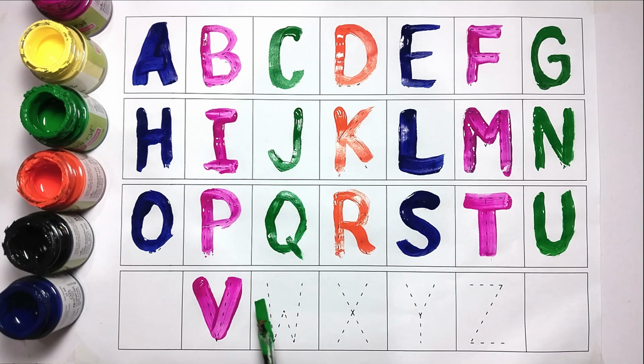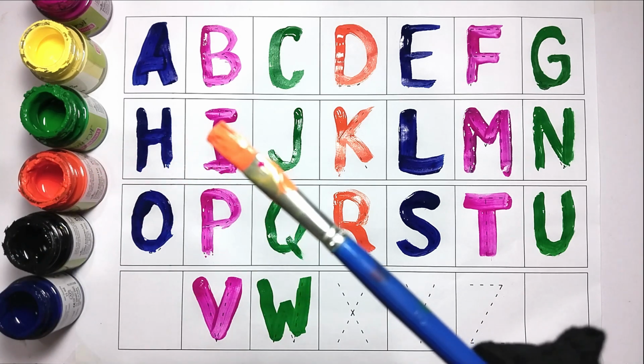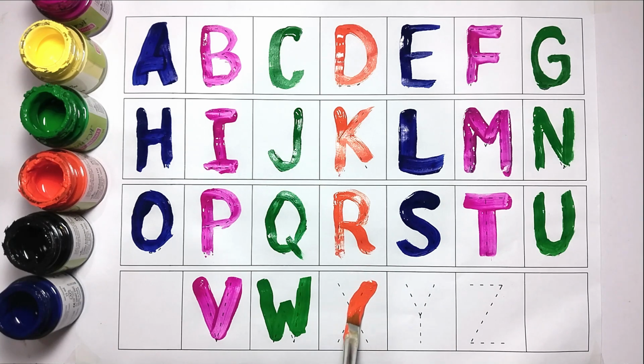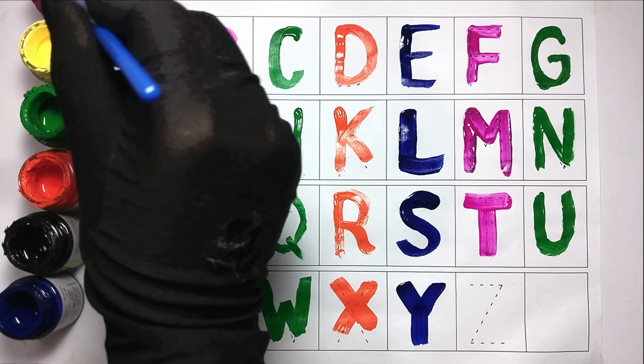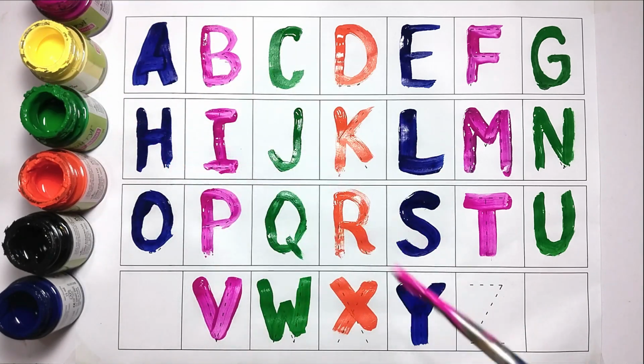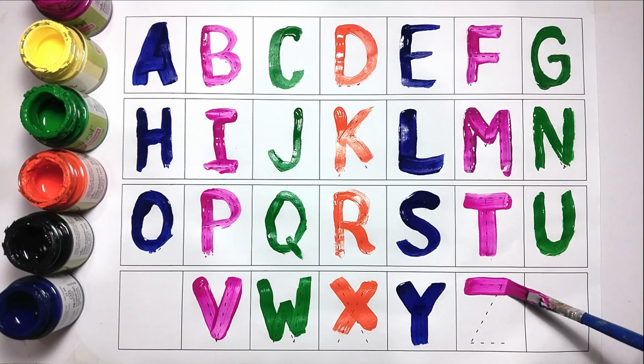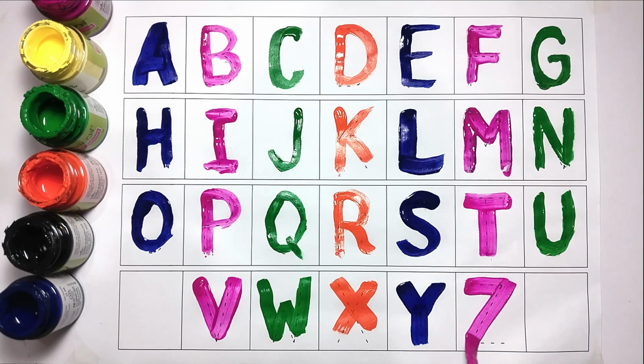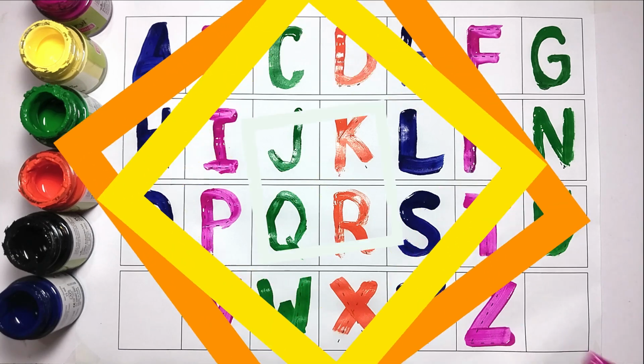Green color. W for wheel. Orange color. X for X-ray. Y for yolk. Purple color. Z for zebra.